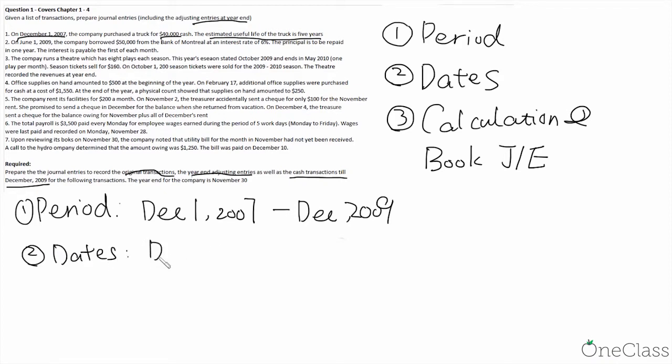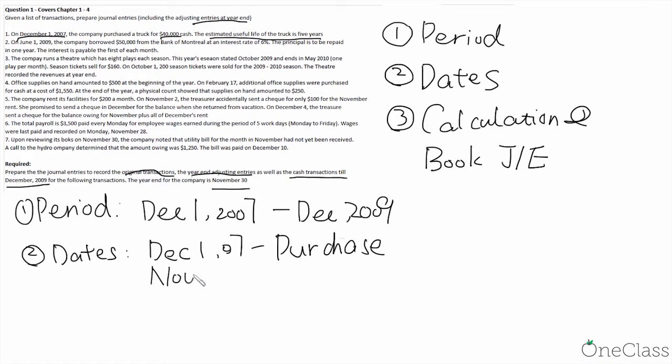On December 1st, 2007, we have the purchase of the check. And we know that for the check, which is a depreciable asset, we have to book the depreciation expense at the year end.